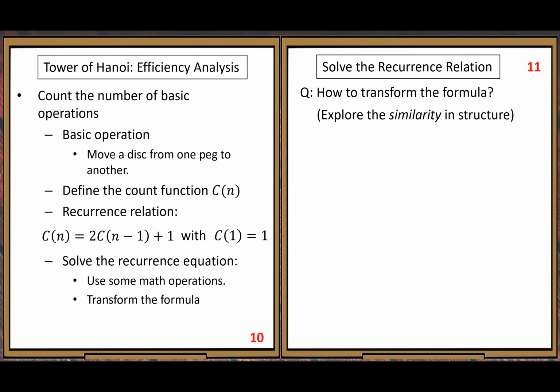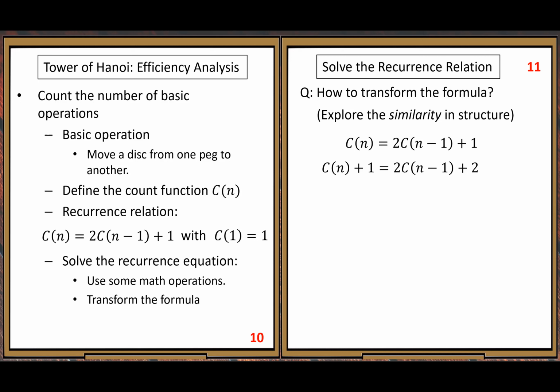All right, so let us try to make the plus 1 structure, more specifically in the recursive function. We want to see that plus 1 structure on both sides. Left-hand side has no plus 1. Can we add 1 to the left-hand side to get that plus 1? Because we want both sides to have a similar structure.